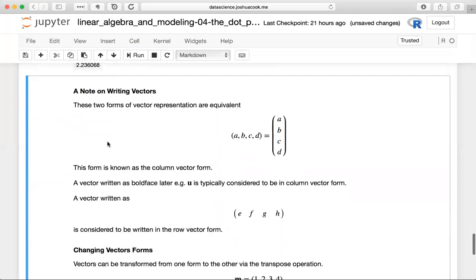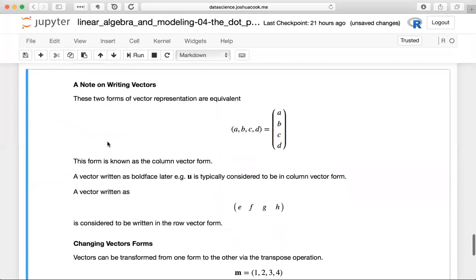So just a quick note as we move on, a quick note on writing vectors. These are two different ways to write the same thing. And this is what we call a column vector. So it's a column of values.